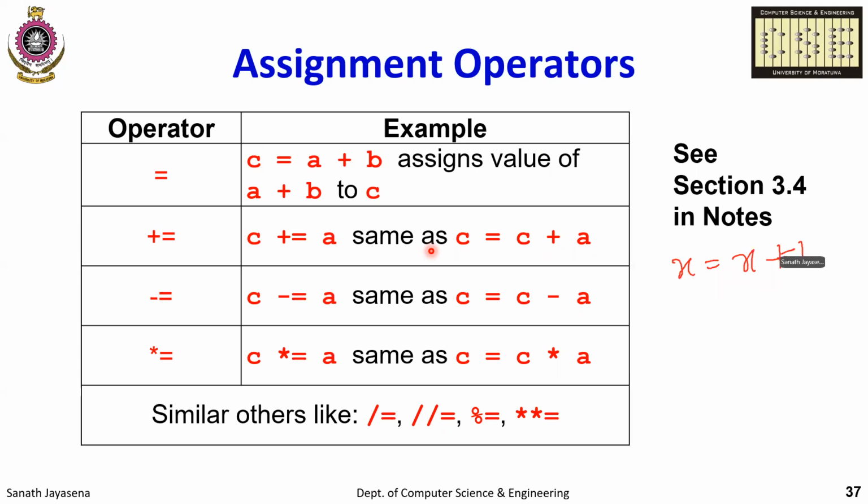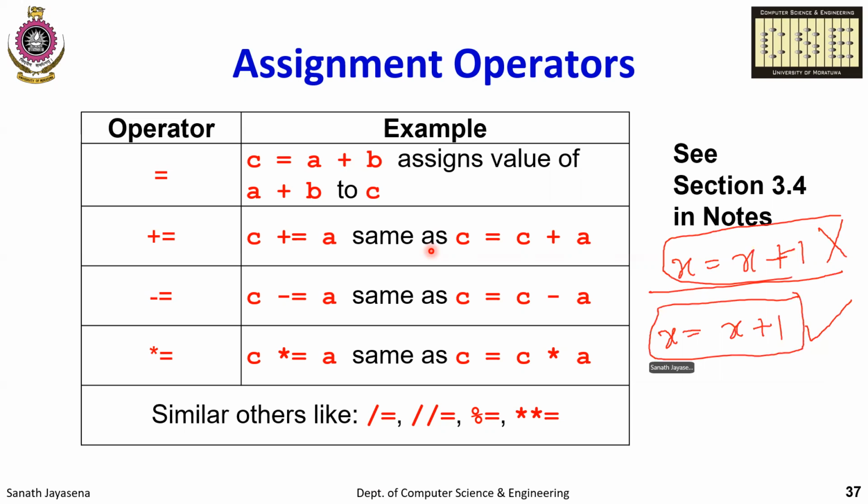Can we write this in mathematics? No, this is completely wrong, right? In mathematics. But it's perfectly okay in programming. And actually, we do write these kinds of things quite a lot in programs, in loops, and so forth.